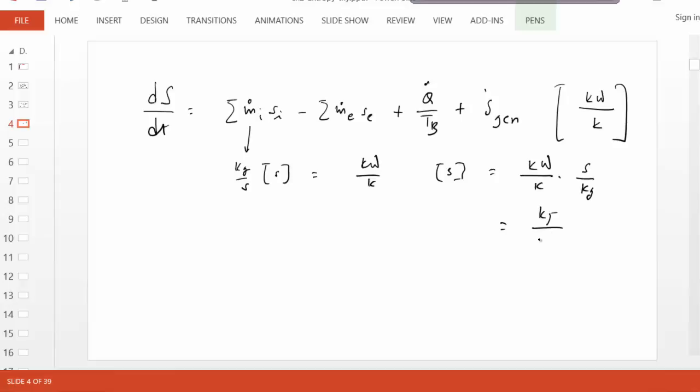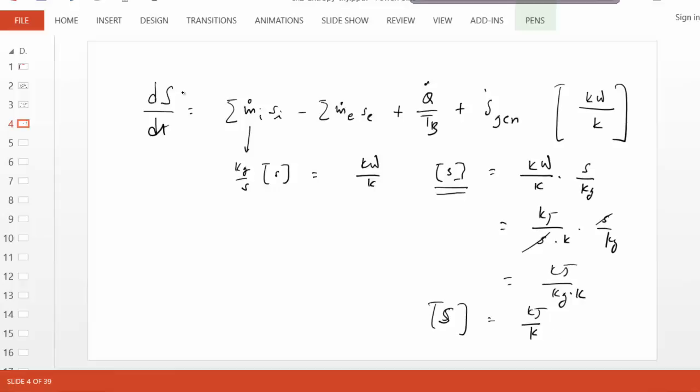Kilowatt is kilojoules per second. The second gets cancelled, so you get kilojoules per kg K. So that's the unit of specific entropy. Specific entropy is entropy per unit mass. As you can see, it's kilojoules per kg K. And the unit of entropy, capital S, is kilojoule per Kelvin.